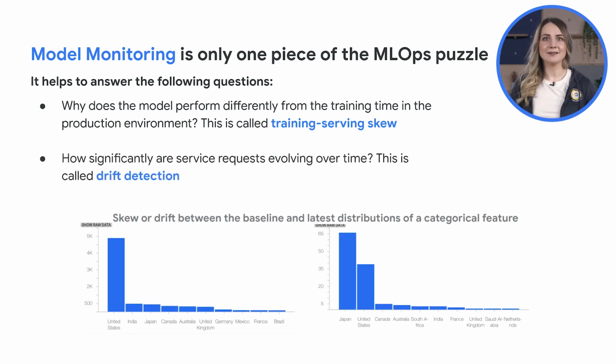Among them, data drift is one of the common causes of this skew. Data drift is defined as variation in the production data from the data that was used to test and validate the model before deploying it into production. So you have to monitor how significantly service requests are evolving over time. This is called drift detection.